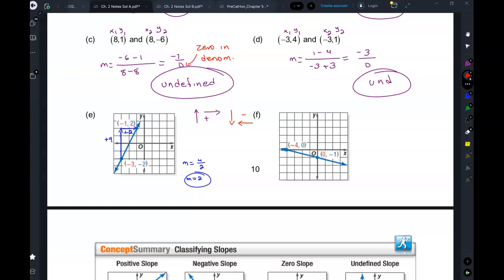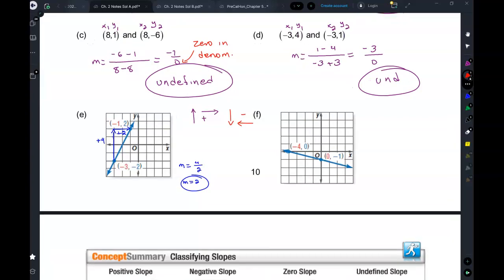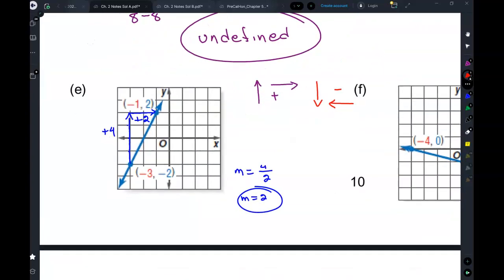So I'm going to go from the leftmost point to the other point. From here to here, I have to go up 4, and then to the right 2. So up 4 over 2. We did it the y2, y1 way, and we do the left side first.